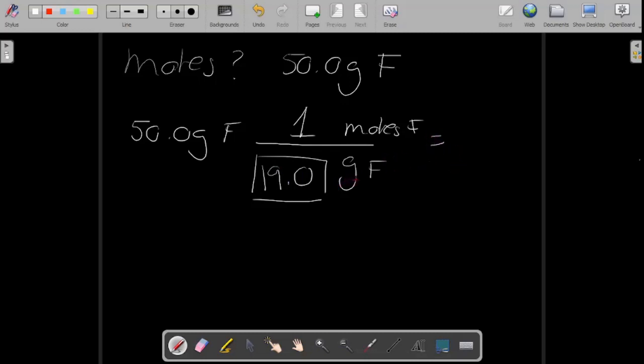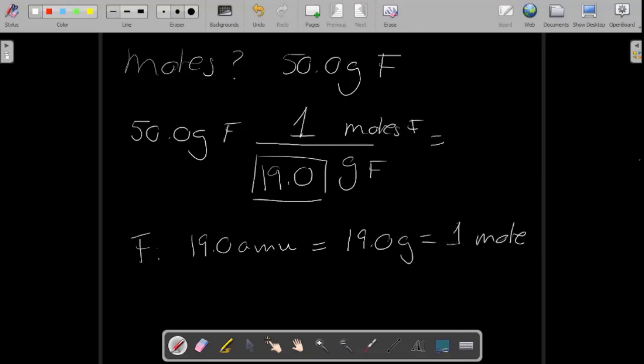Another way of thinking of that: you can go to the periodic table, find fluorine, and say, okay, that's 19.0 AMUs. And I know that that is the same as 19.0 grams, which equals 1 mole for that substance.